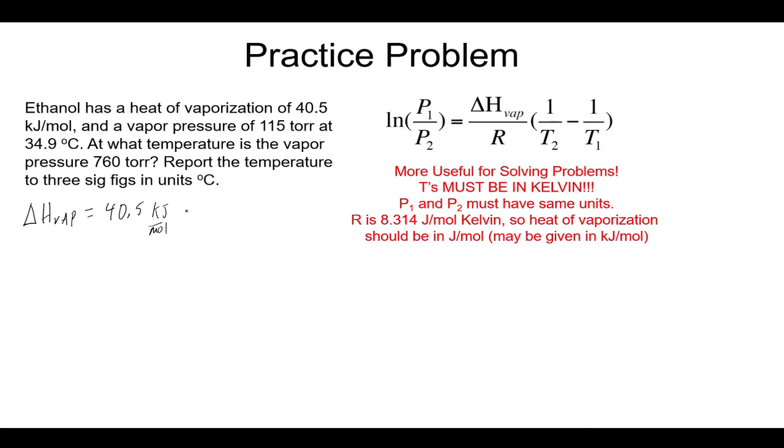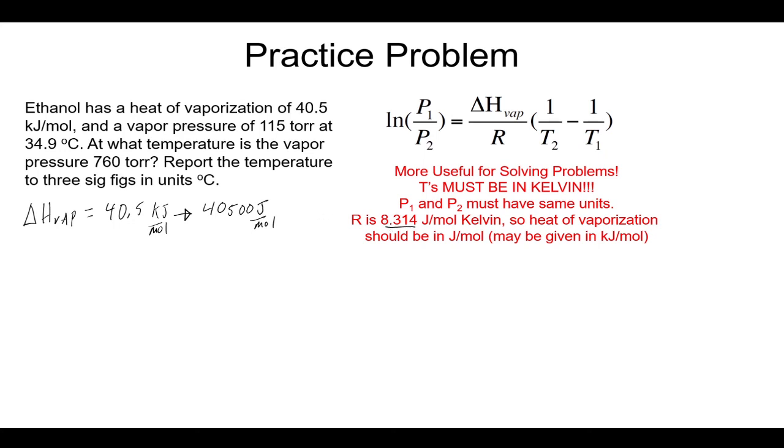I know just from experience that I'm going to want this in joules per mole. So I'm just going to immediately convert this to joules per mole, because I know my gas constant is always going to be in joules per mole, at least the way I like to use it.